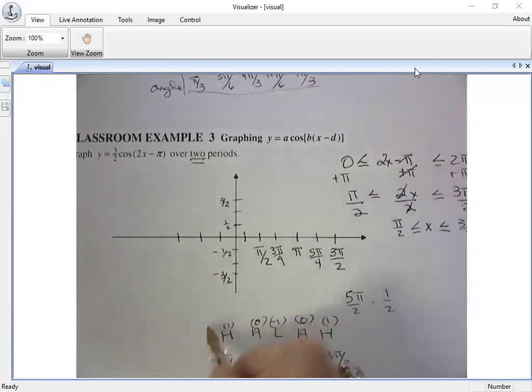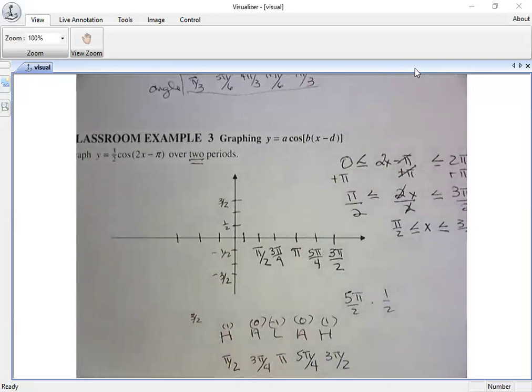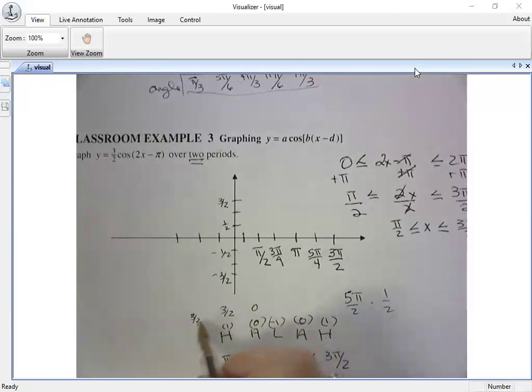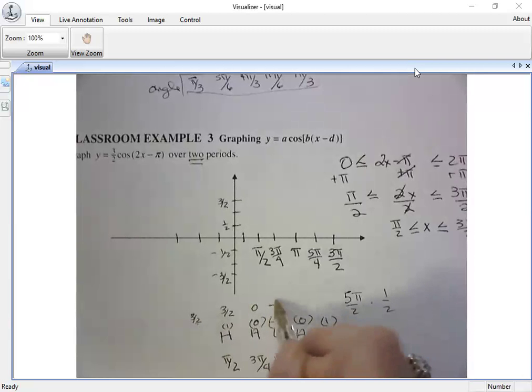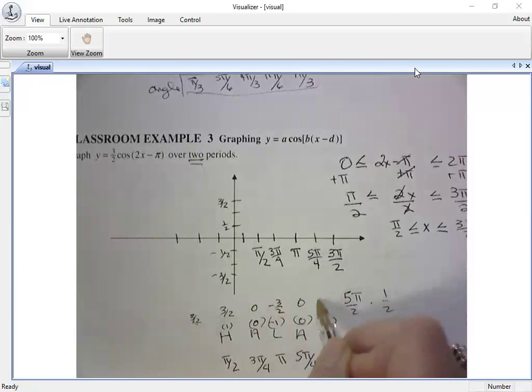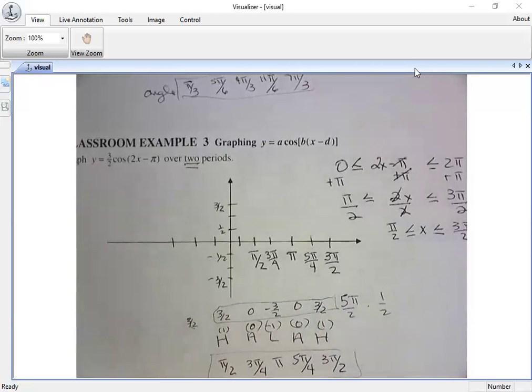But since my amplitude is 3/2, that means my high point's going to be where? 3/2. 3/2 times 0 is 0. 3/2 times -1 is -3/2. 0 and a +3/2. So I'm going to do this and this to get one cycle on.